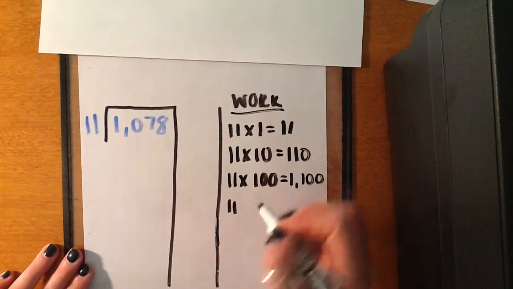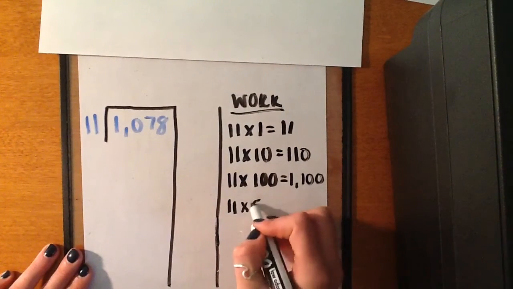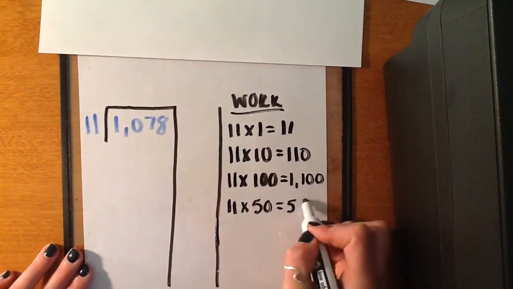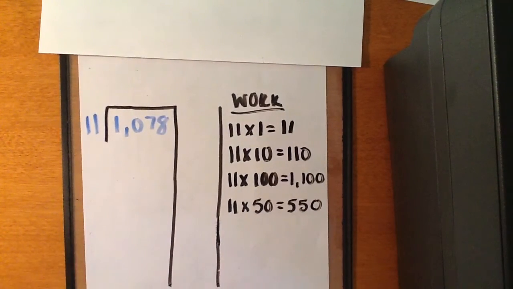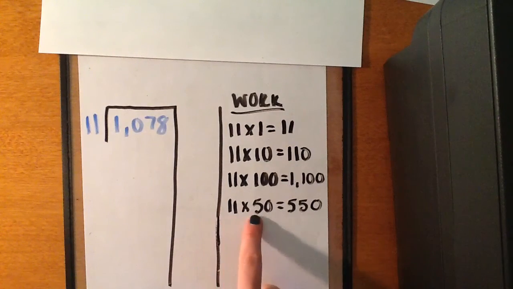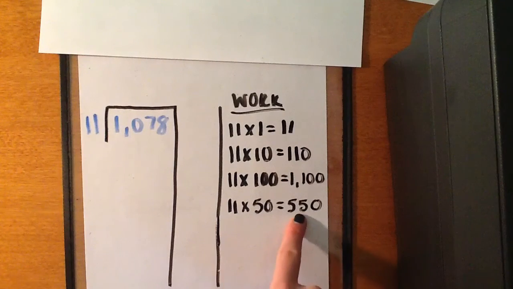And I know if I have $100, half of 100 is 50. So 11 times 50, I know, is 550. But I'm so greedy, and I'm starting to notice this pattern that every time I do 11 times 5, it's going to be 55. So 11 times 50 is 550.